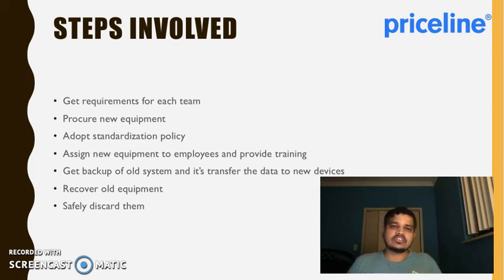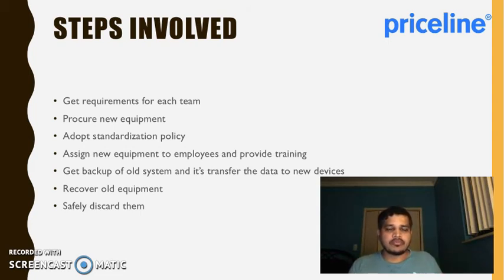If it is a sales team, it would require more of internet and presentation tools, and if it's a developer, it would require more software-intensive configuration which could support those large bulky IDEs and development tools. So just get those requirements.